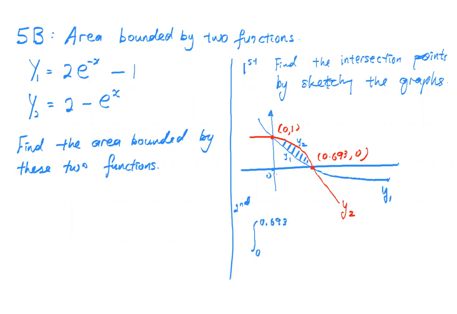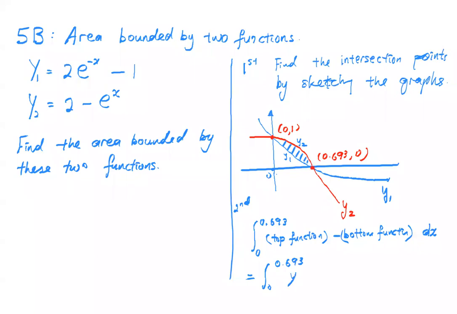The top function minus the bottom function, dx. If you do it the other way around, you will get a negative value, so that cannot be area. Understand?